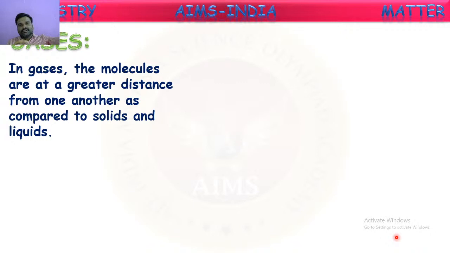One molecule will be here, one more molecule will be somewhere else, one more somewhere else. In this way, there are no attractions between the molecules of gases. That is very negligible in case of gases when compared to solids and liquids. So molecular distances are very high. There are no restrictions for these molecules in gases to move here and there. They can move freely here and there always.